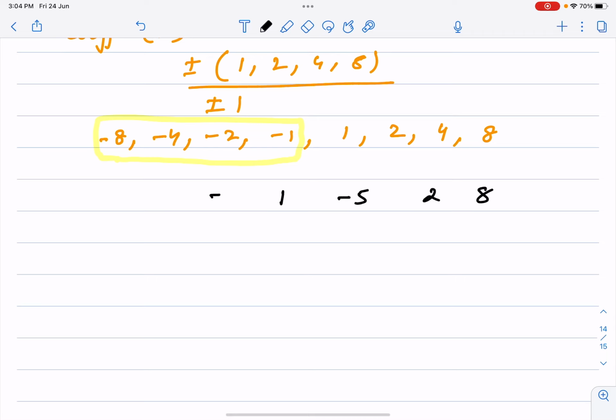Let us see whether -1 suffices or not. Bring 1 down. This is the way we do the synthetic division.